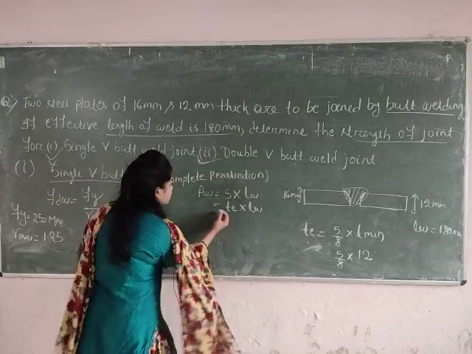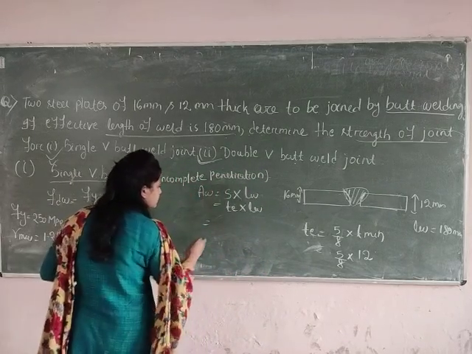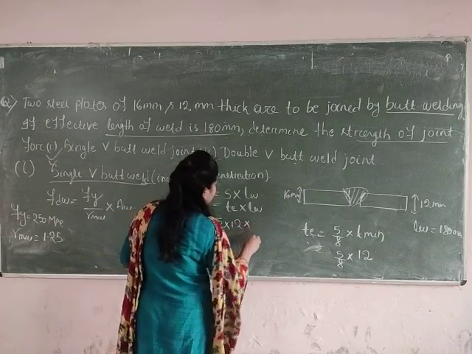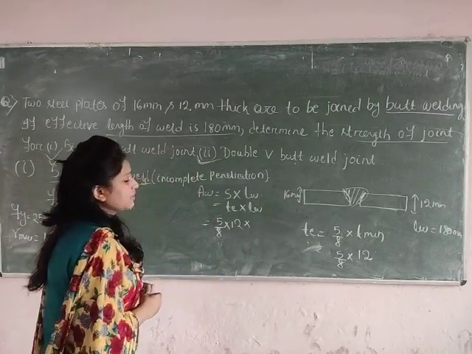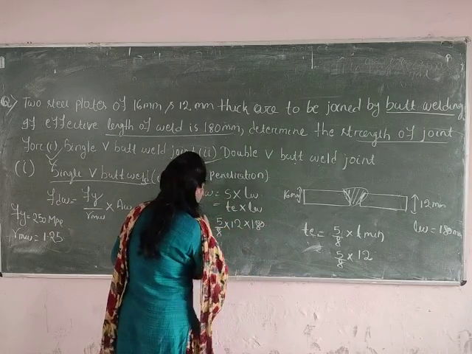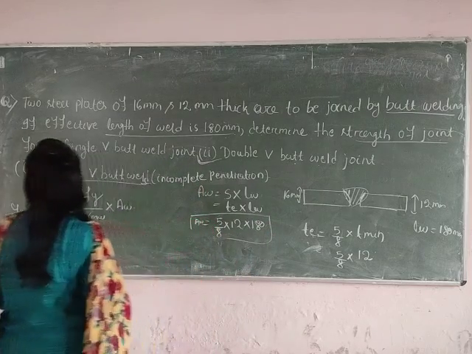So here put the values: effective throat thickness is 5/8 into 12, into length of weld, that is given in the question, 180. This is the area of weld.